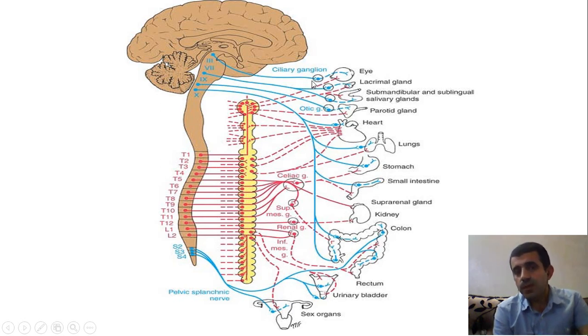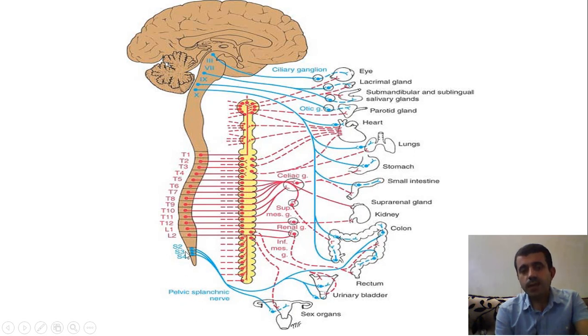So here is the ganglion. The axon of this neuron ends in the ganglion, and the other cell body will start, and the other nerve axon will go to the organ. And the neurotransmitter between these two endings is acetylcholine.